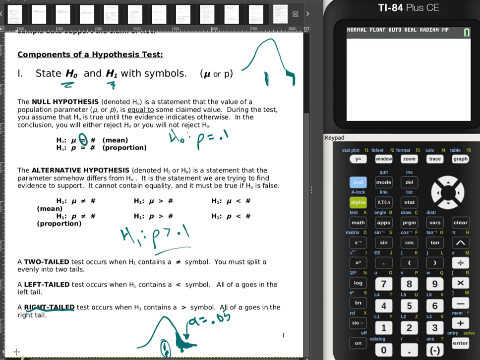A left-tailed test would be if we are testing whether something is less than something. So we're looking for some type of a critical value on the low end. And then a two-tailed test will be if we're testing whether something is not equal. So we're using the not equal symbol.